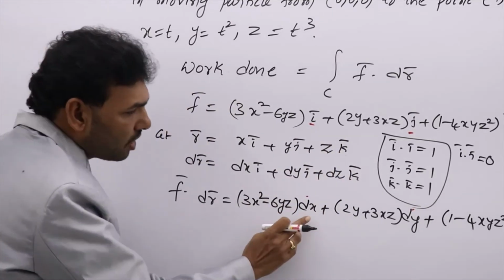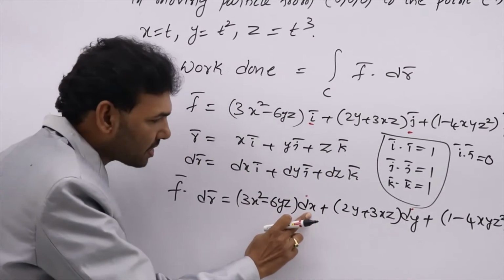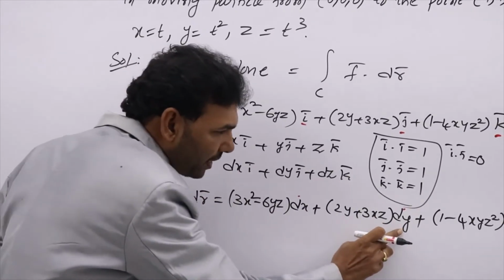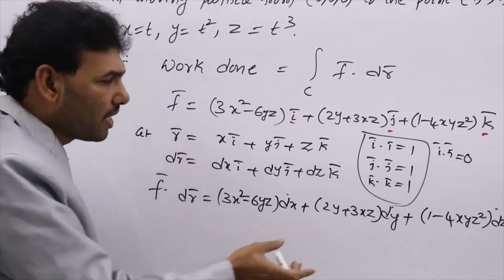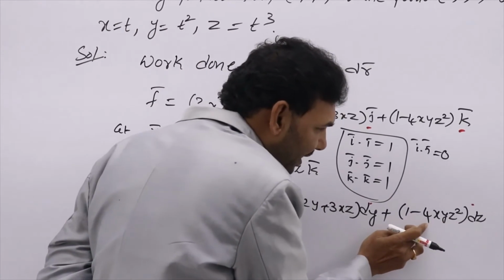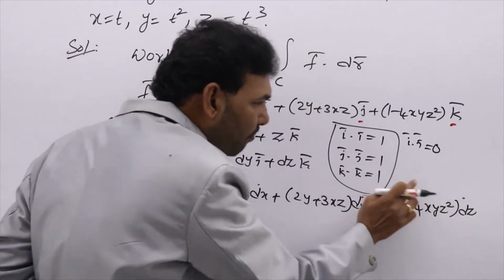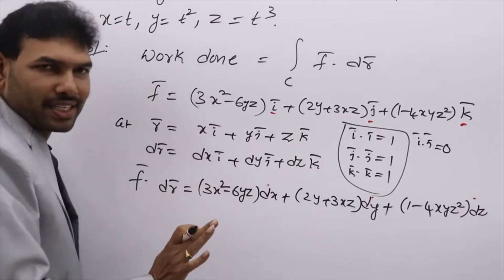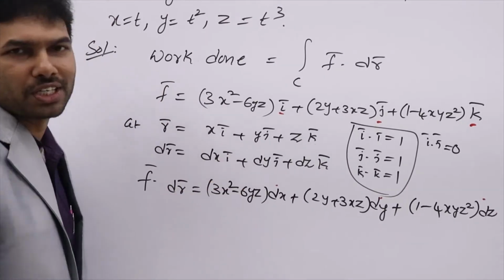If you are integrating with respect to x, this function should be in terms of x. If with respect to y, the complete function should be in y. If with respect to z, you should have the complete function in terms of z. For example, here all the terms are in x, so no need to think about conversion.